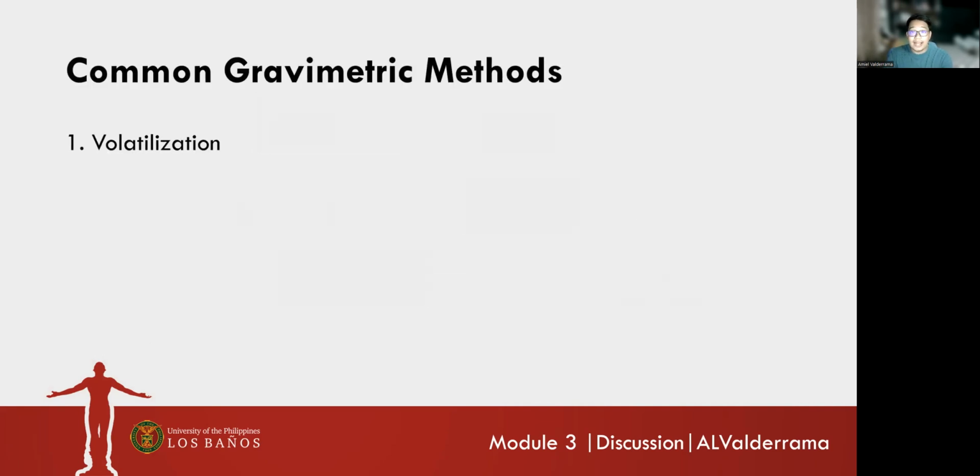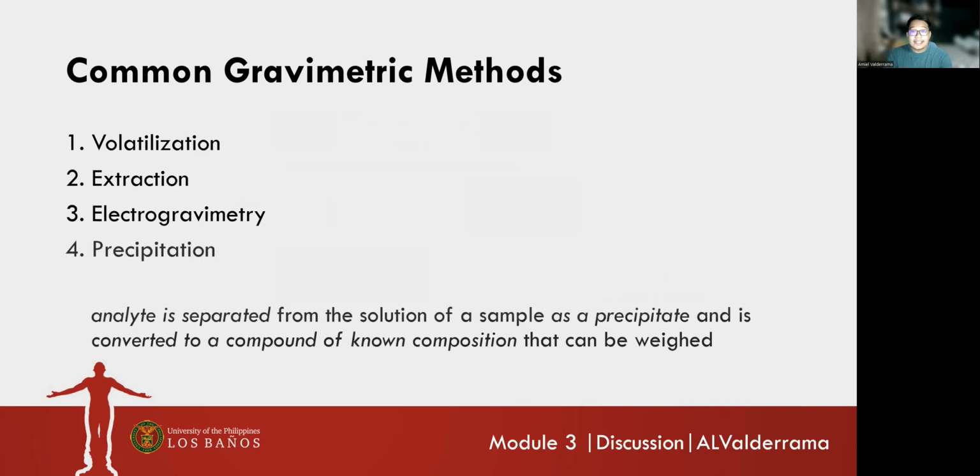First, we have volatilization. Next will be extraction, followed by electrogravimetry, and lastly precipitation. For volatilization, to give you a brief example, treat this object as your mass 1. It has a compound which is a volatile compound.